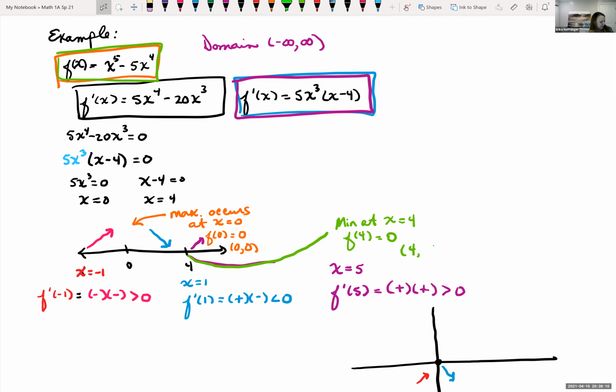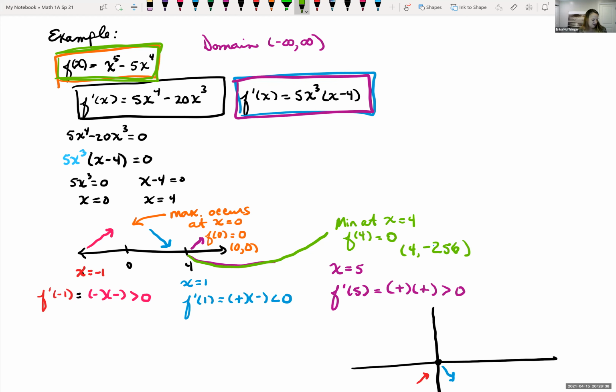Wow, that's a pretty big number. Let me just make sure that this was inside the parentheses. Yeah, so this is negative 256.